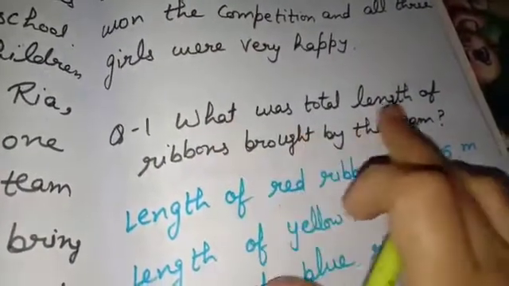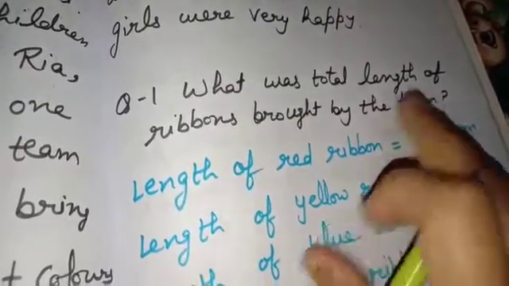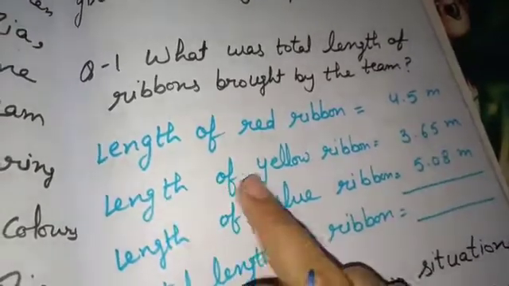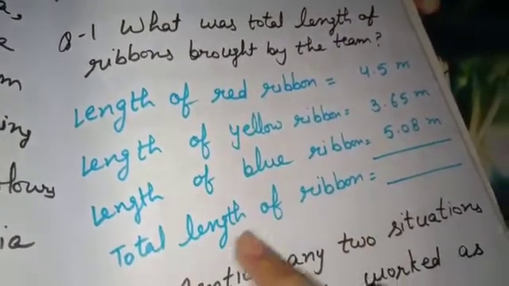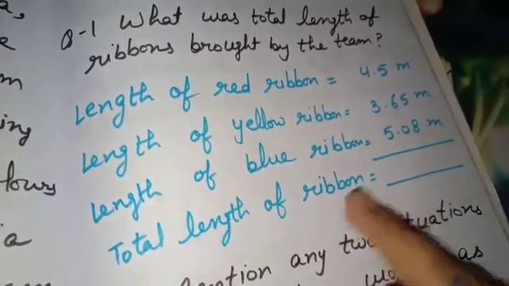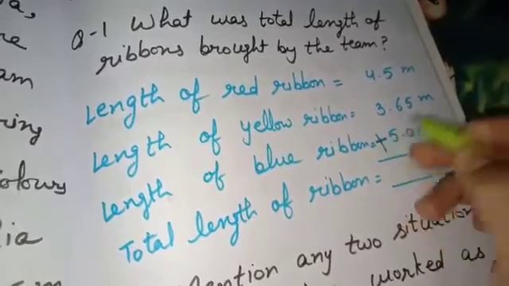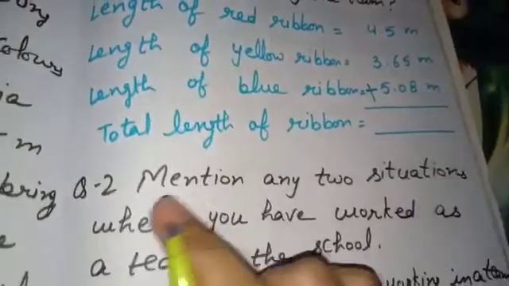Now the question asked is, what was the total length of ribbons brought by the team? We have the length of red ribbon as 4.5 meter, the length of yellow ribbon and the length of blue ribbon. We need to find the total length of ribbon. We all know to find the total of something, we just add. So this addition you will do on your own.